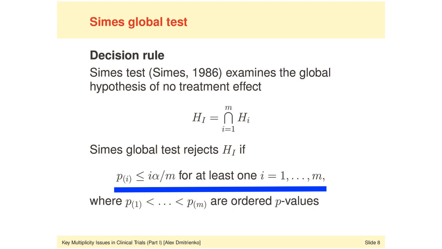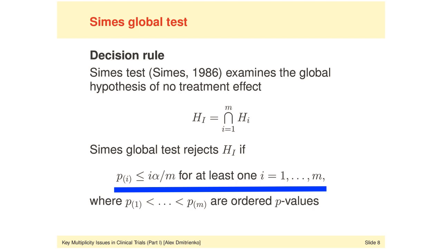So what does this mean? How does this compare with the Bonferroni procedure, which is based on a much more basic decision rule? Well, rejecting the global null hypothesis simply means that there's evidence of a positive effect for at least one null hypothesis, but once again, we may not know which hypothesis that is. And in this sense, the Bonferroni procedure rejects the global null hypothesis if at least one p-value is less than or equal to alpha over m, which is actually the first condition in the Simes method.